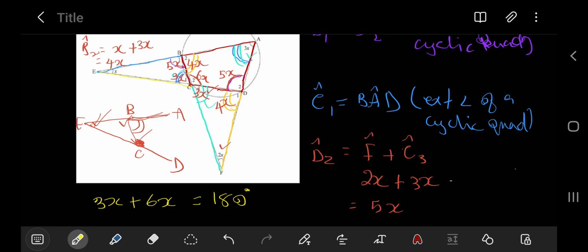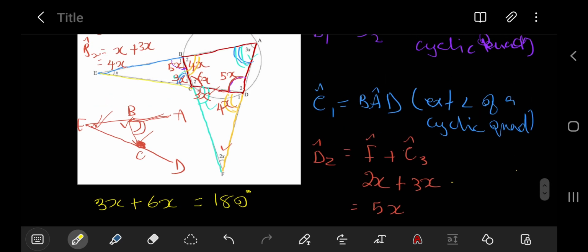And remember, this is not how you should present your work when you're answering, right? You should first say angle A plus angle C2 is equal to 180. You write your reason to be opposite interior angles of a cyclic quad are supplementary. Okay, and then you say that angle A is 3x because it is given, and C2 in this case was calculated.